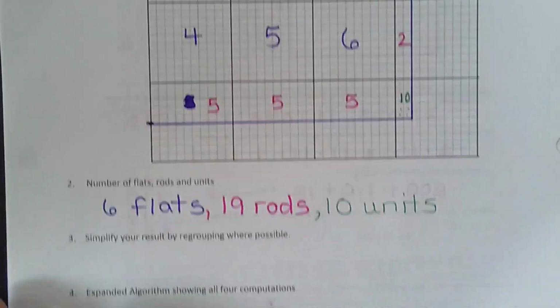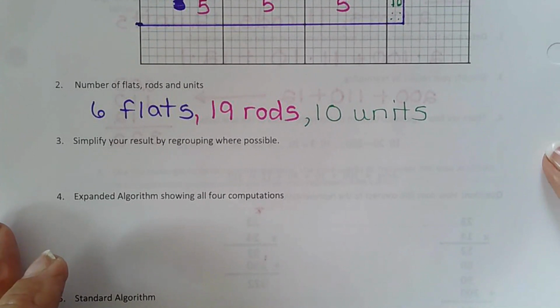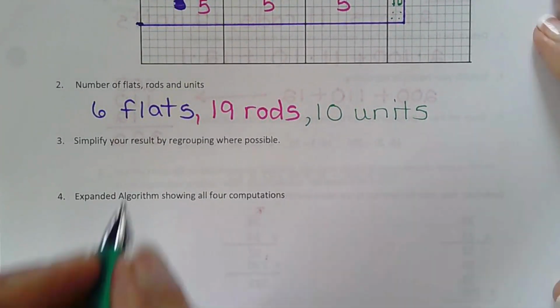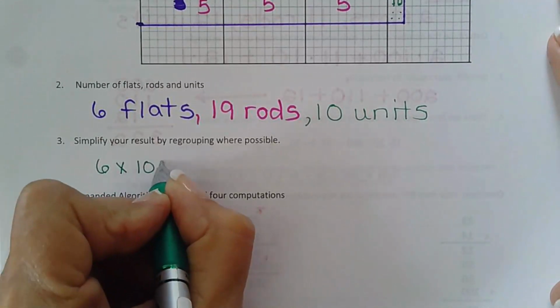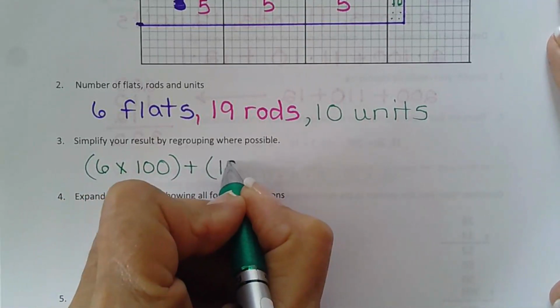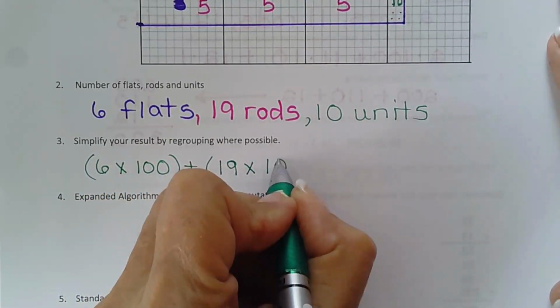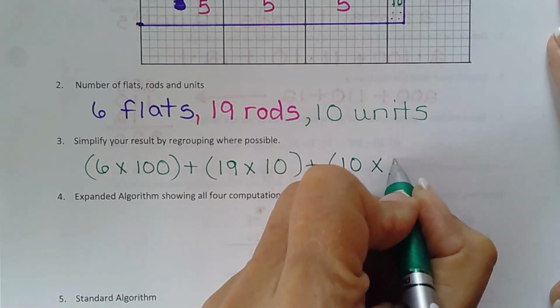And now we can find the area with absolutely no multiplication required, like showing your work kind of multiplication. So this would be 6 times 100 plus 19 times 10 plus 10 times 1.